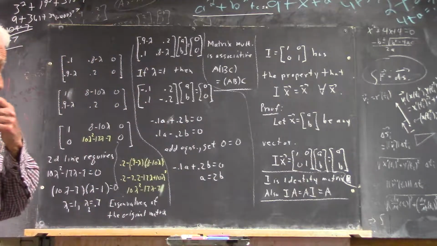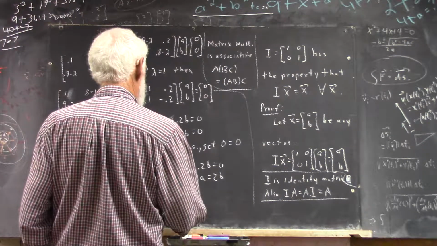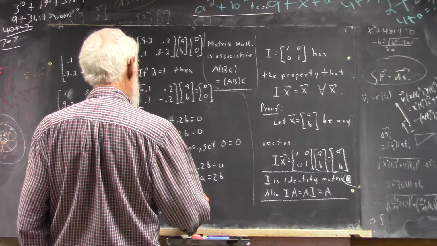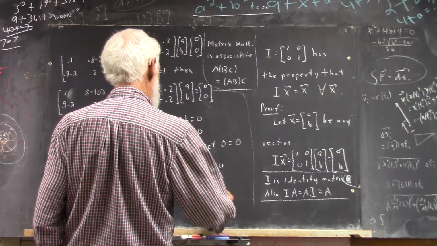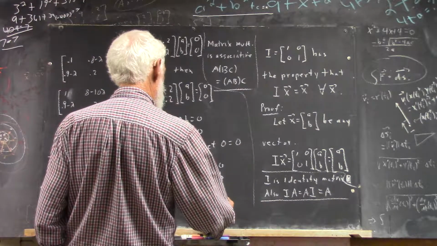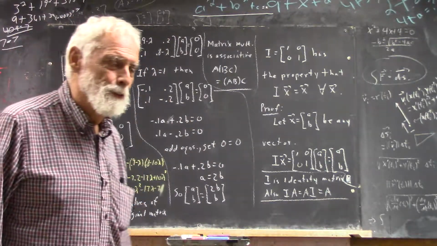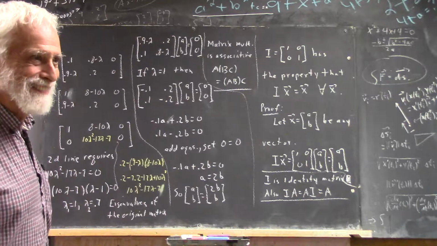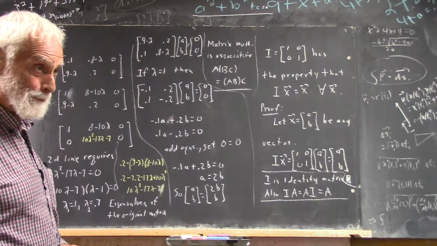A equals 2B. Okay? Well, if A equals 2B, then AB equals 2B, B, as opposed to 2B or not 2B. Okay? Makes sense?